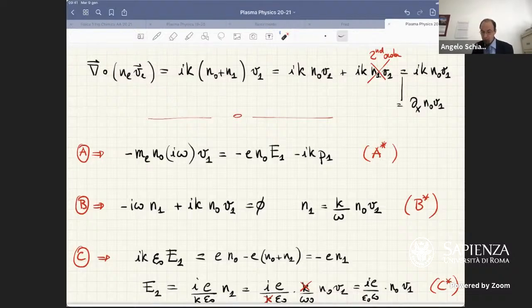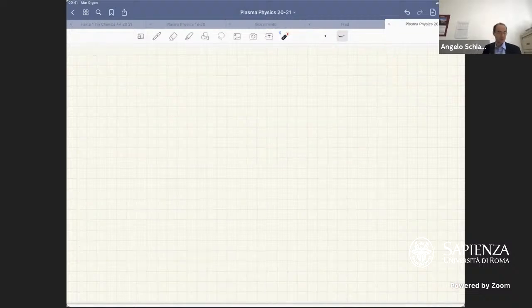So let's work a bit with the pressure term, because we need help from the thermodynamical properties of the plasma in order to link the perturbation in pressure to, let's say, the perturbation on density and other parameters of the electron fluid. So what we do is to study the pressure term.